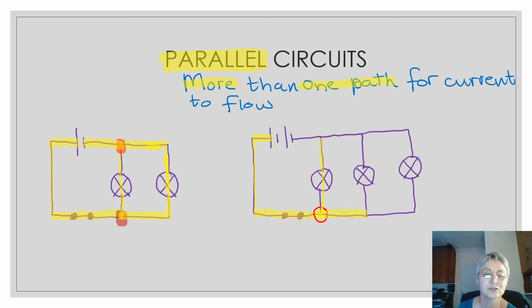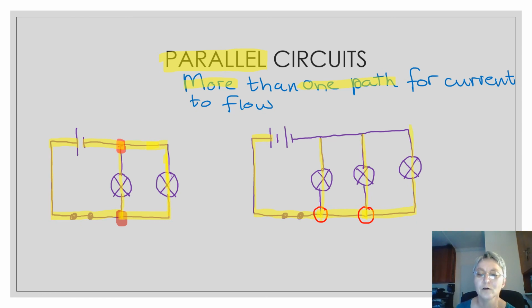And then when it gets to the next point here, it can choose again. So some of the current can flow through the second lamp, and the rest of the current will flow through the third lamp.